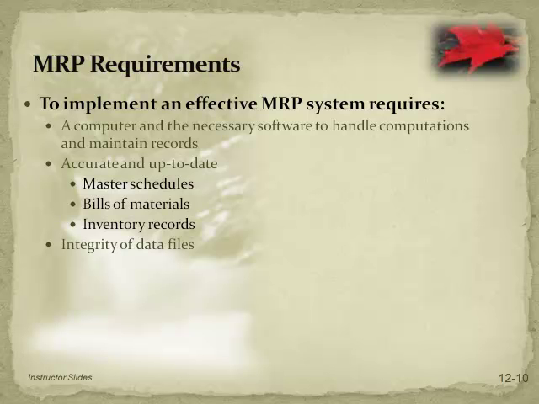So the three inputs into MRP, the master schedule, the bill of materials, and the inventory records, we had said that we're assuming that all these are computerized records. They need to be accurate. The bill of material needs to be accurate. The inventory information needs to be accurate.